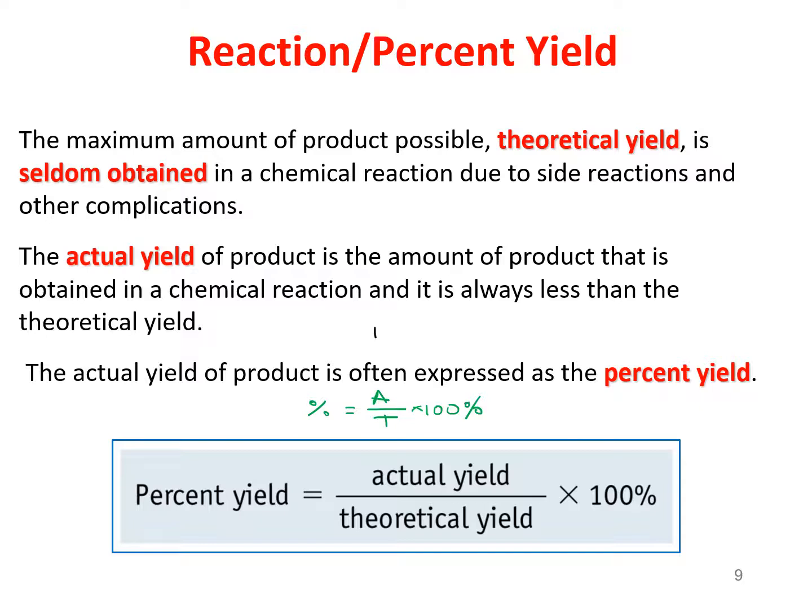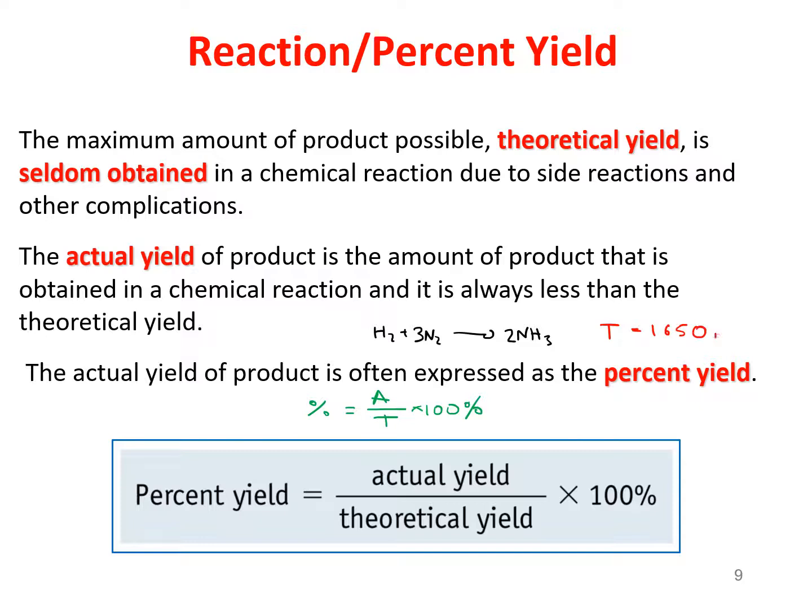Now, I want to just go back for a second to the previous reaction. So that was H2 plus N2, and it was giving us NH3.